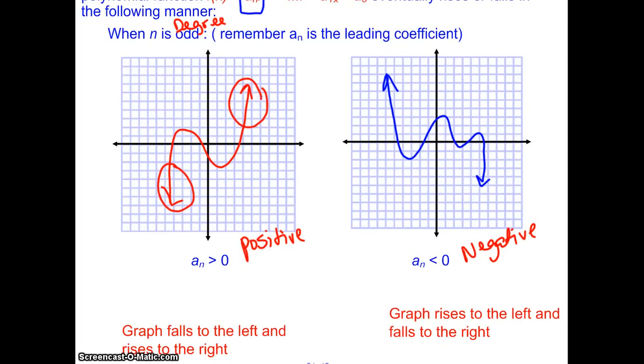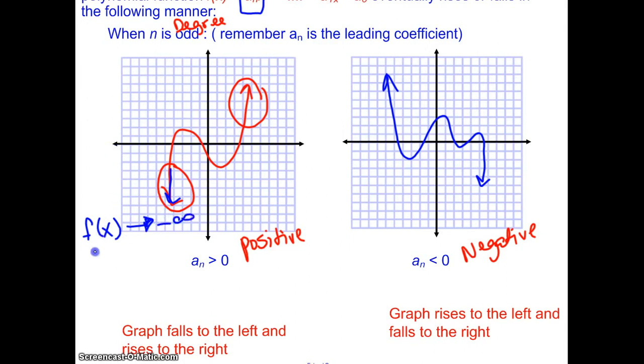Well, how would we write that in function notation, in mathematical notation? f of x will represent the graph. f of x goes down. What's down? Negative infinity.